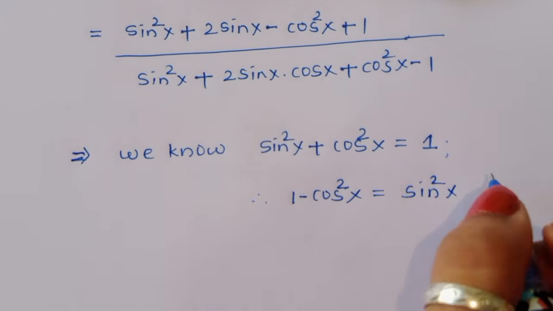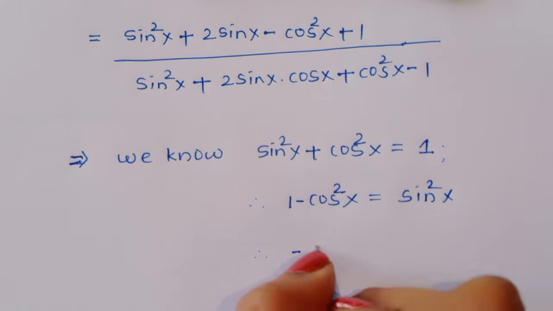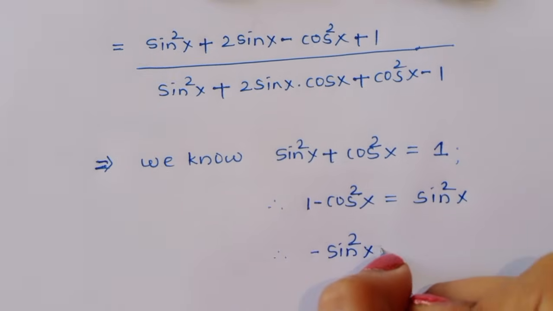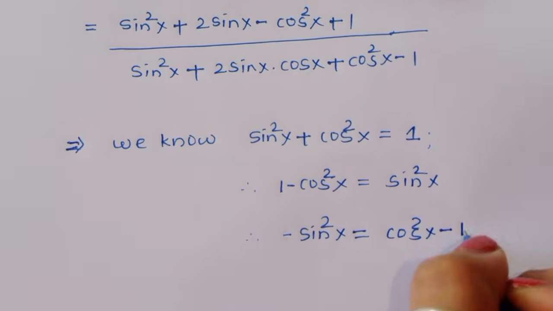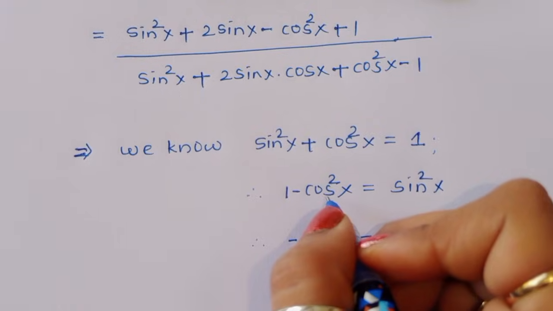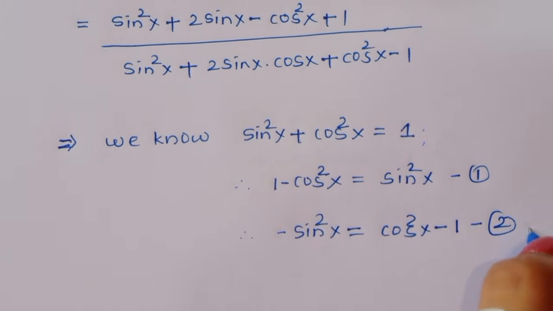And if we put a minus sign here, then minus sin square x is equal to cos square x minus 1. So 1 minus cos square x is equal to sin square x. This is equation number 1 and this is equation number 2.